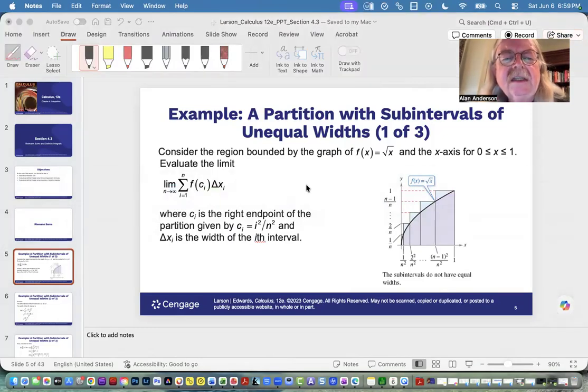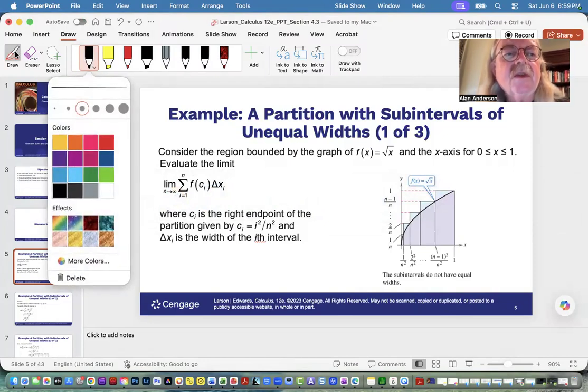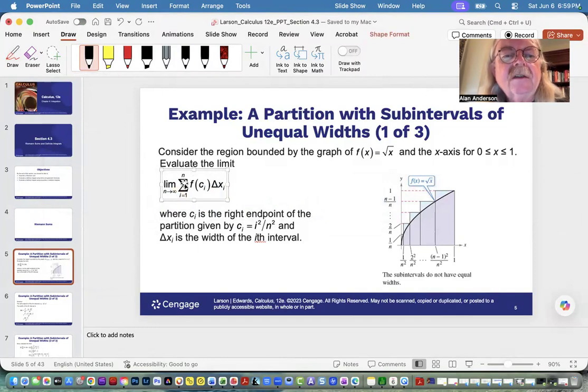And now C. So by the way, if you remember this formula, what this is telling us is the sum of the areas of these rectangles. And the fact that it's a limit is there because we want to do this in such a way that the number of rectangles approaches infinity. Because we know that if we don't have enough rectangles, this approximation is not going to work terribly well.